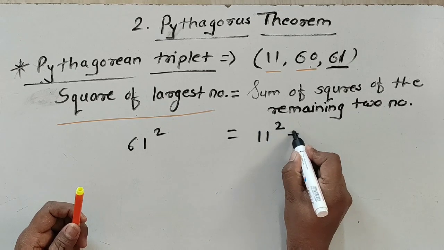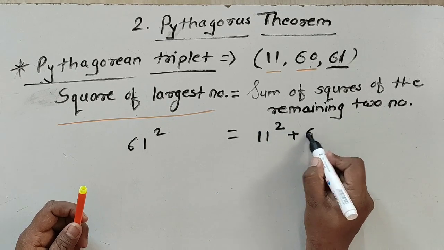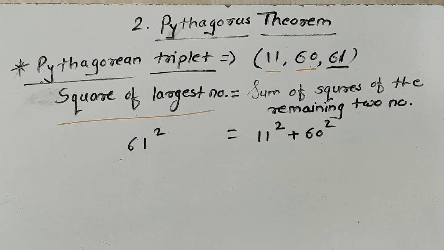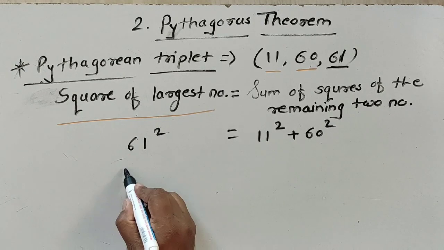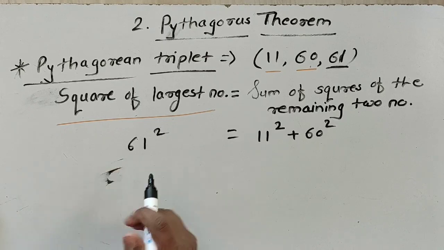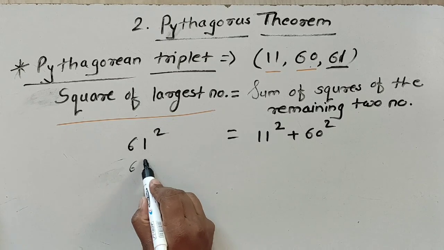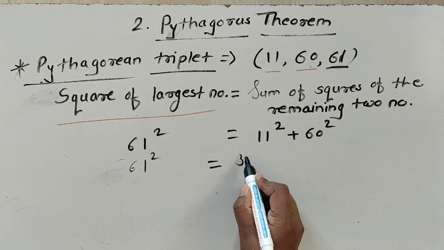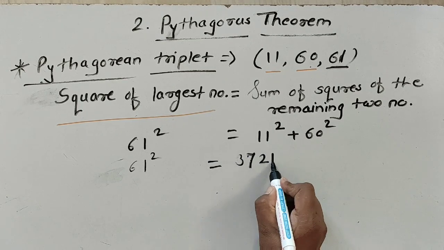So we take the sum of these two numbers: 11 square plus 60 square. We will prove this. Is it correct or wrong? So first of all, we will take the 61 square. What is 61 square? 3721.